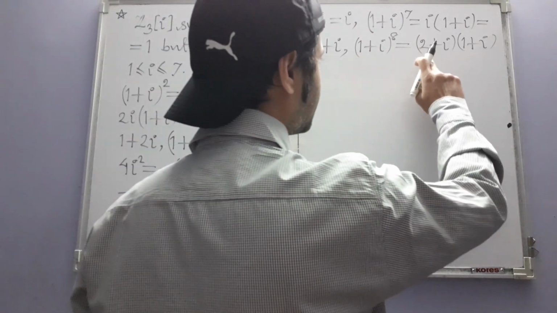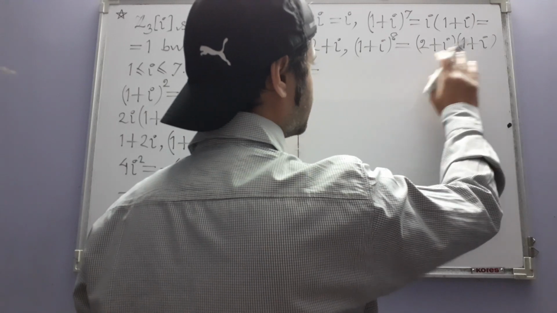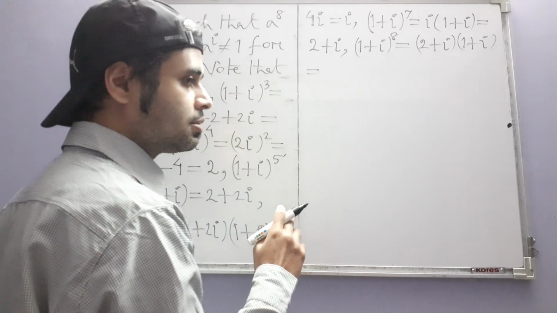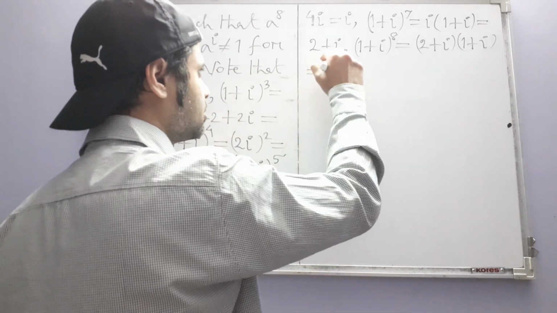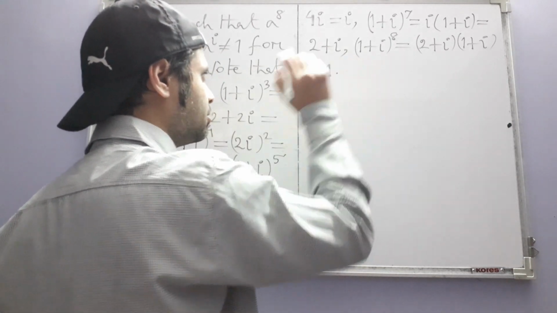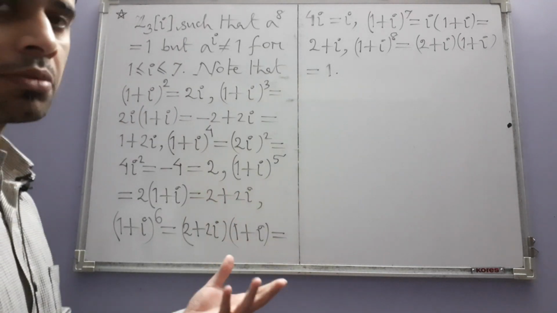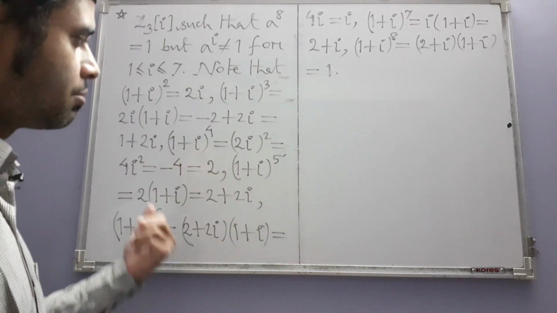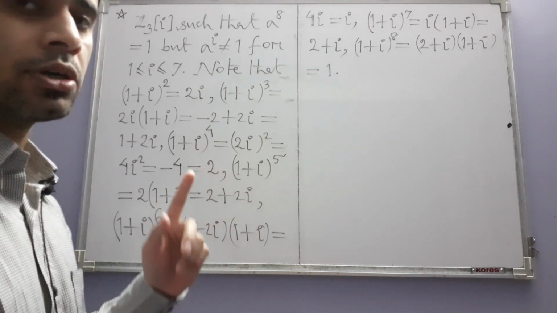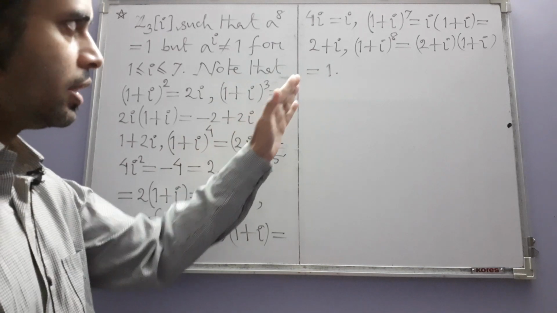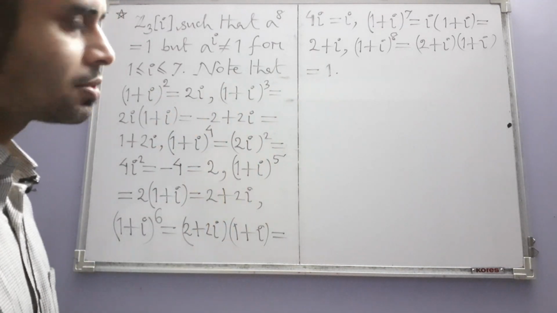And what about the terms where there won't be any I? 2 times 1 is 2 plus I square is minus 1. 2 minus 1 is 1. So see, here we are getting 1. So from this we see that the element 1 plus I in this multiplicative group has order 8. So that's why it is a generator of this group, and the group becomes cyclic group.